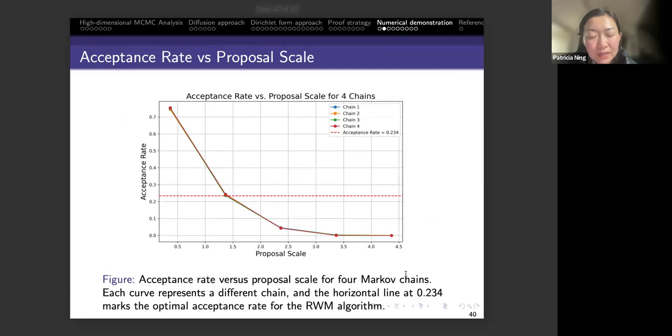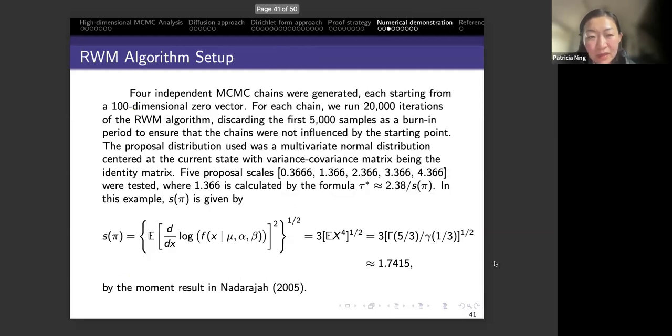Next, we look at the acceptance rate versus the proposal scale for 4 Markov chains. Each curve represents a different chain, and the horizontal line at 0.234 marks the optimal acceptance rate for the RWM algorithm. That's the acceptance rate and the proposal scale. 4 independent MCMC chains were generated, each starting from a 100-dimensional zero vector.